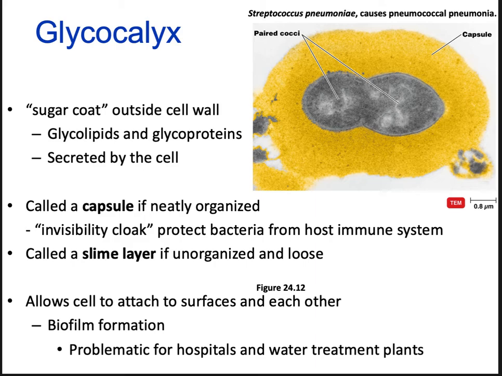And in hospitals, this is a huge problem whenever we insert something into someone's body. So whether it be a urinary catheter or a pacemaker or anything else that's not actually flesh tissue, you have now provided a surface that bacteria can attach to and form biofilms.